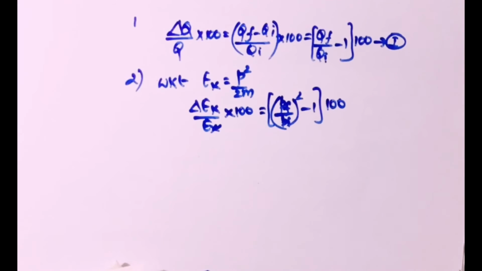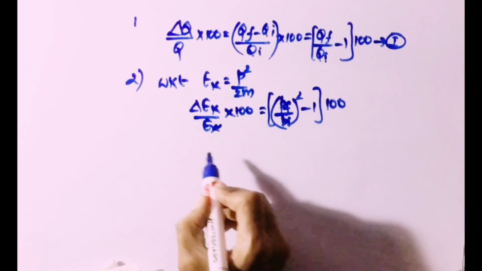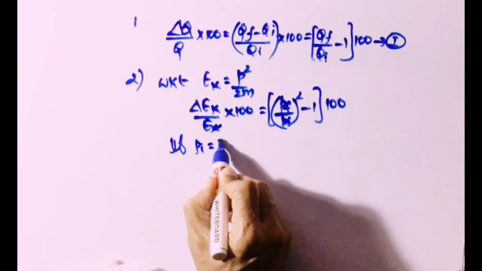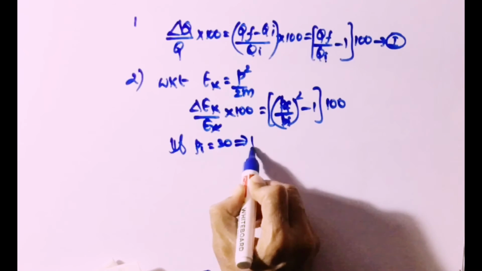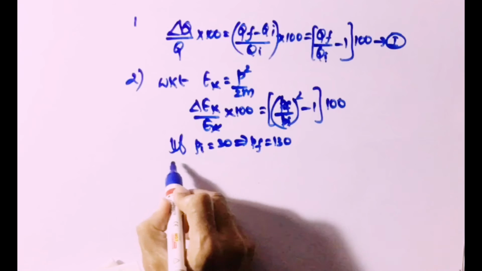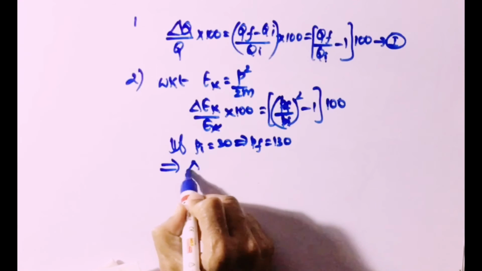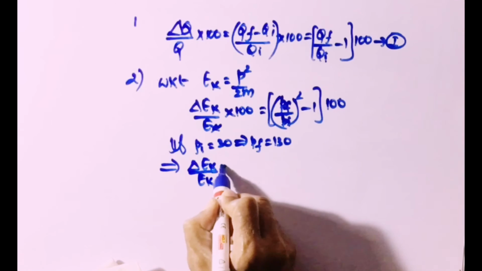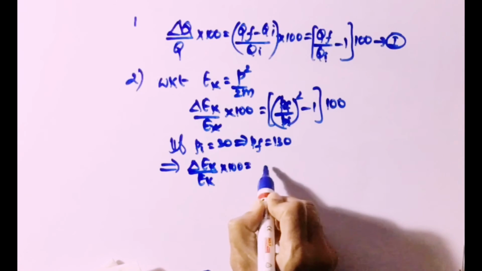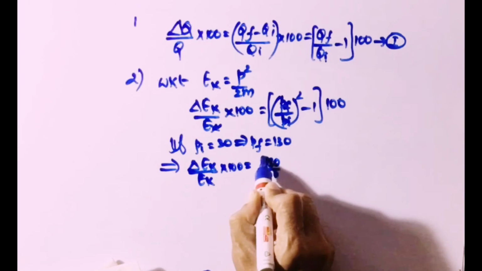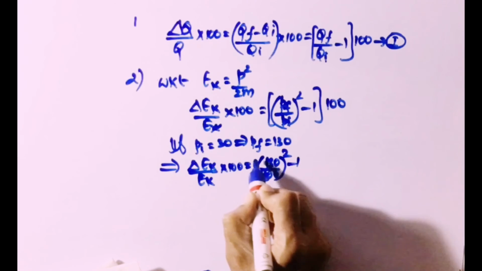The question says the momentum increases by 30%. So if P initial is equal to 100, it implies P final is equal to 130. So we'll substitute this in the above expression. Implies delta Ek by Ek into 100 is equal to P final 130 by P initial 100 whole square minus 1 into 100.